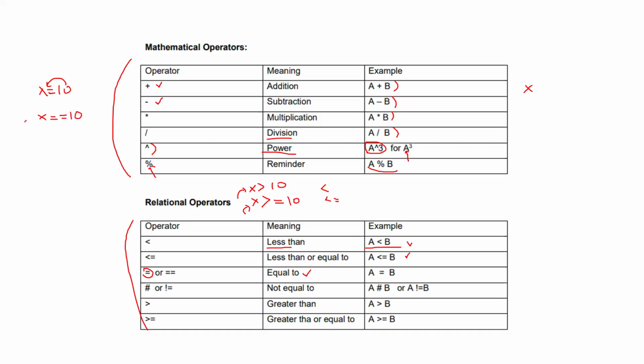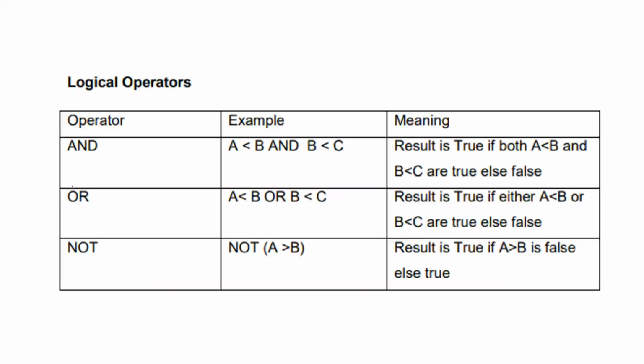It means I'm checking this x variable's value, whether it is equal to 10 or not. Actually, it's a comparison, not an assignment operation. And also, if you want to check this equality operation again, but this time I want to check whether this x value is not equal to 10, at that time you should use this exclamation point in here.